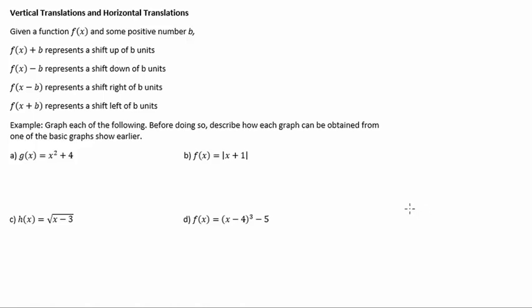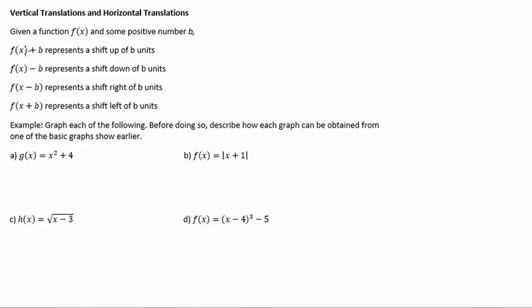Right, the easiest part of doing translation or transformations on functions is when we're doing translations. And a translation is a slide or a shift in a direction. And so if we have some positive number b, depending on where that is in our function is which direction we're going to move it.